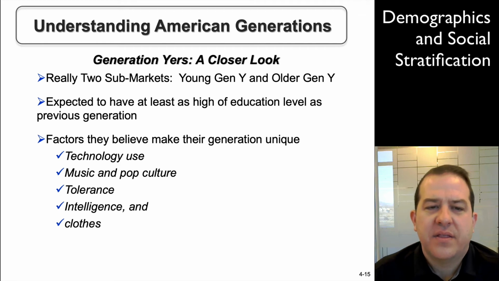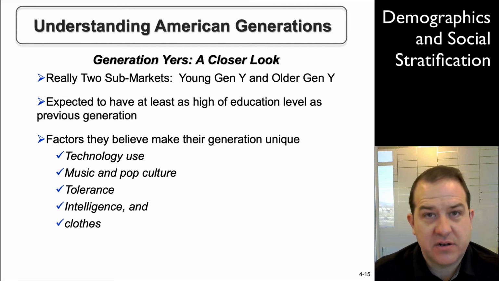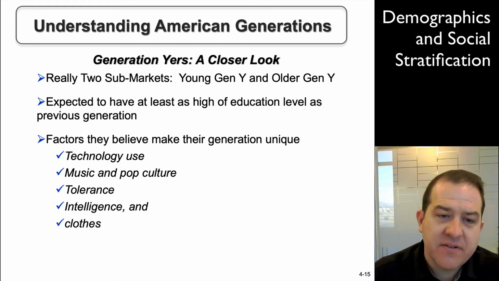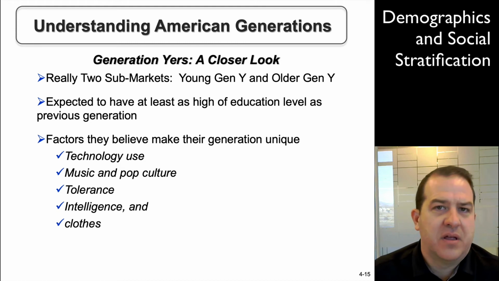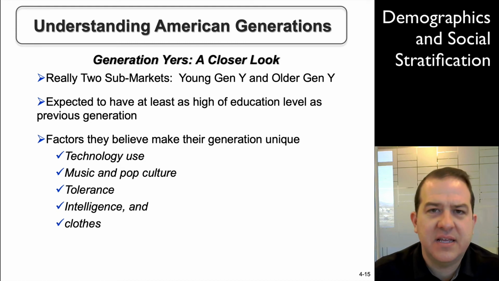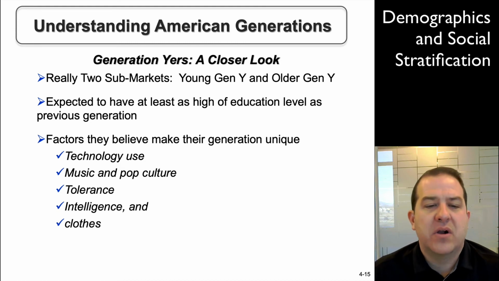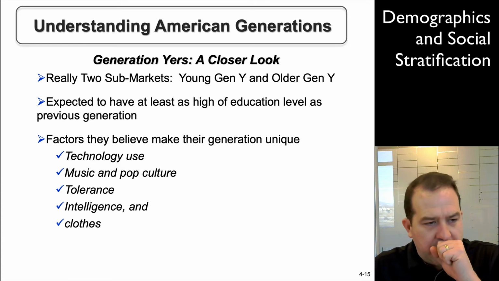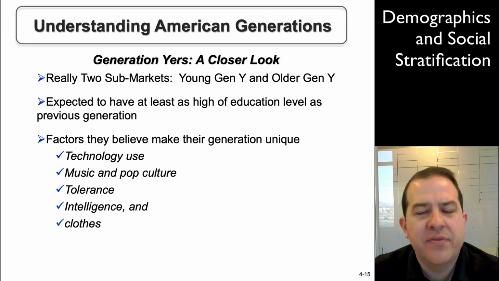And the things that people believe make this generation unique is how much we use technology, music and pop culture, our tolerance level of what we're willing to accept, whether it be ethnicity or lifestyle, our intelligence, and our clothes.